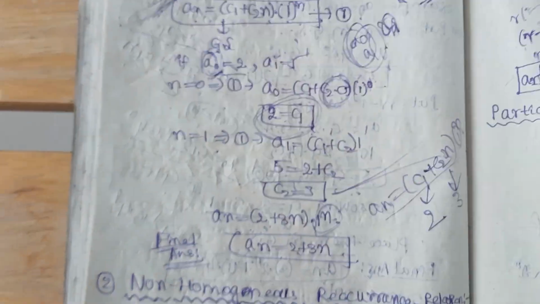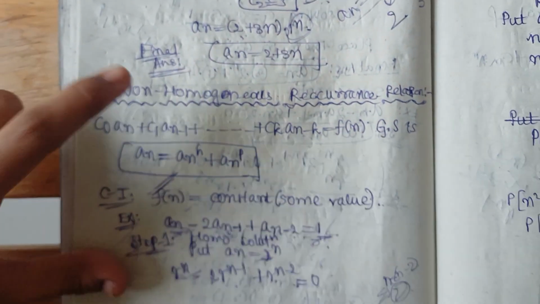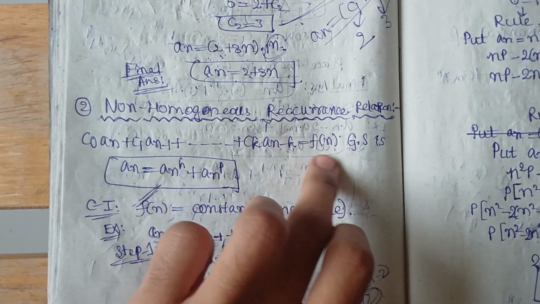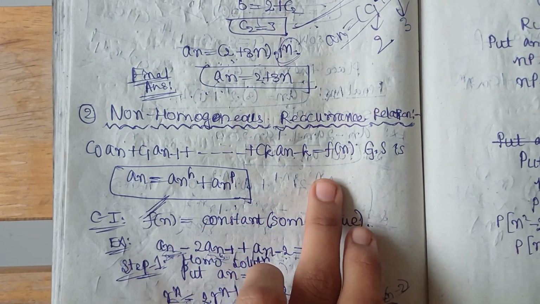Let us have a quick recap of what we have done till now. In a non-homogeneous recurrence relation, the right side is equal to some value not equal to 0.